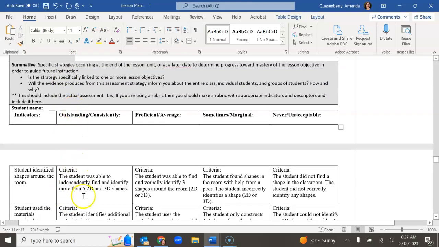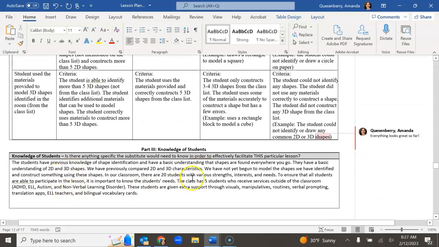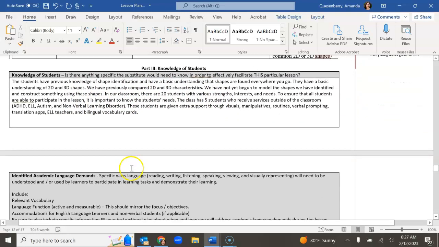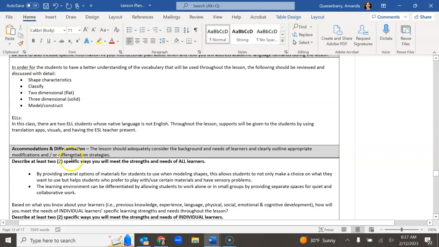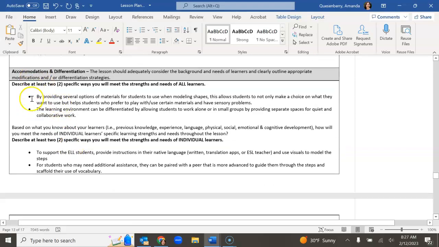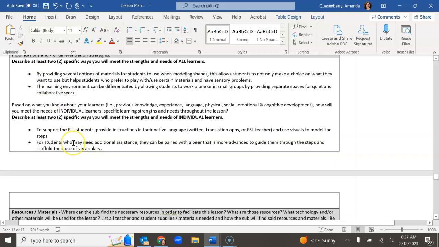So you'll see here the student includes a sample rubric. The knowledge of the students can be the same in your large and small group lesson, so you can use the same one in both. So that's something to keep in mind. In some cases, the accommodations and differentiation can be the same too, but not always.